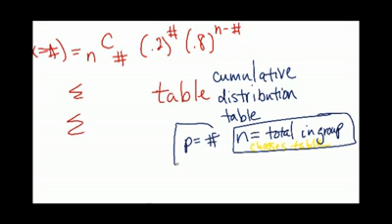This one will choose the column, and then the k value will choose the row.